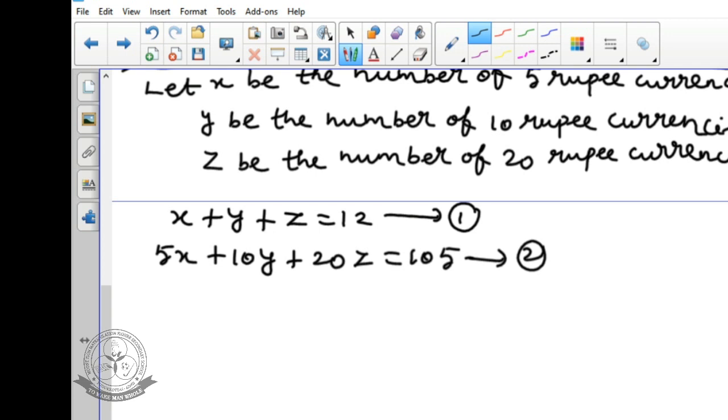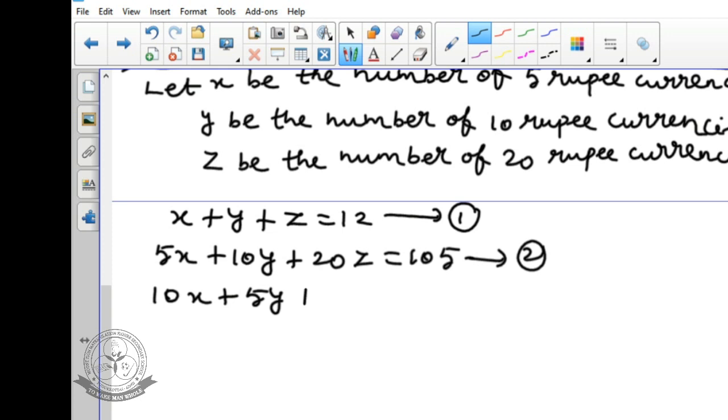Next, the third one they have given: when the first two sorts are interchanged. First two are interchanged means x and y places will be changed. X will be coming here and y will be coming here. So we write like this: 10x plus 5y. This is only interchanging. But z will not be changing.